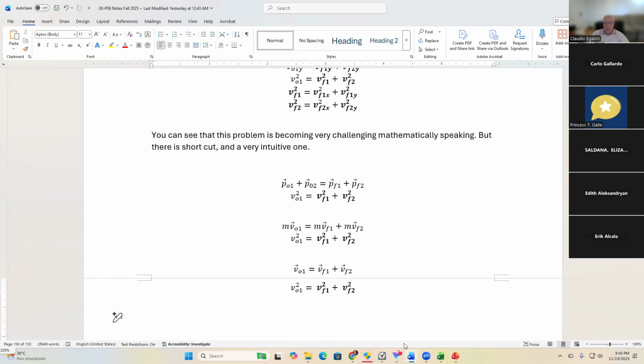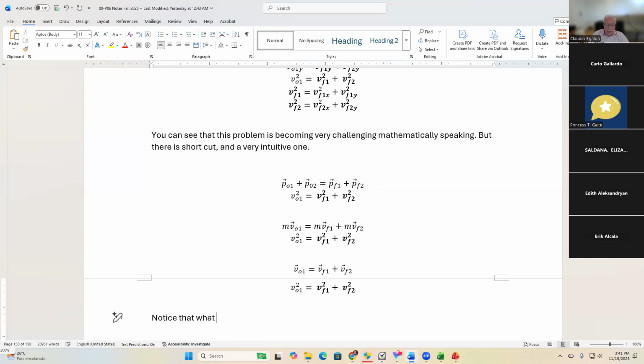Now, notice what we have here. Vector V01 is equal to vector V final 1 plus vector V final 2. On top of that, we also have that the square of V01 is equal to the square of V final 1 plus the square of V final 2. You see that? And the intuitive solution is you have to remember that what you see written here looks like the Pythagorean theorem, right?